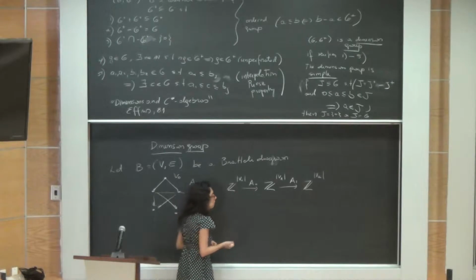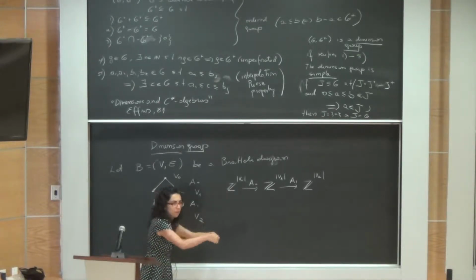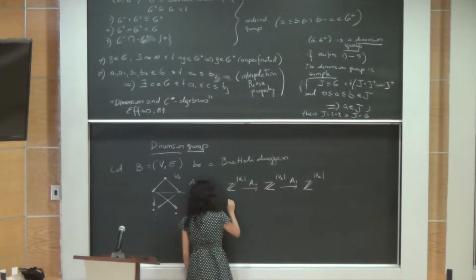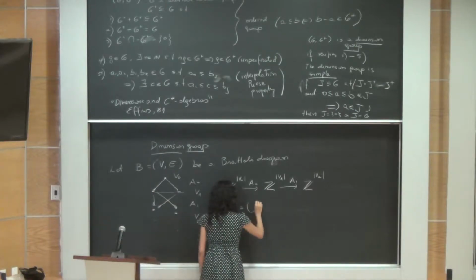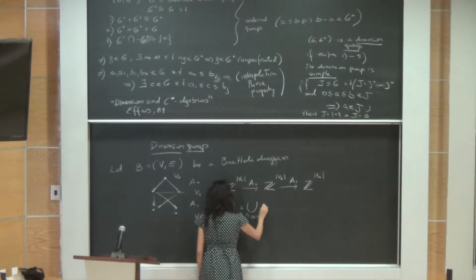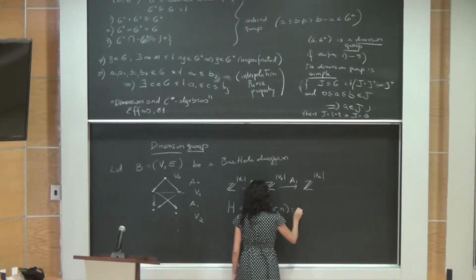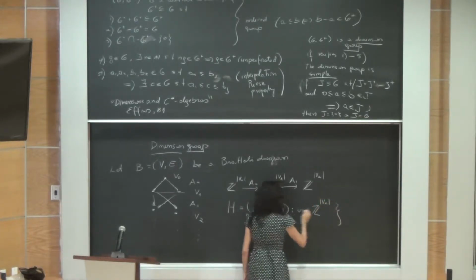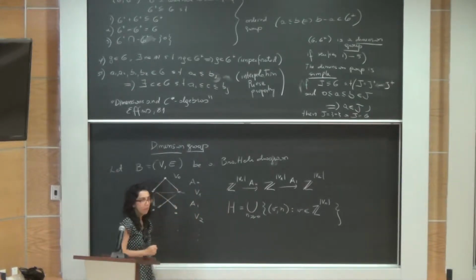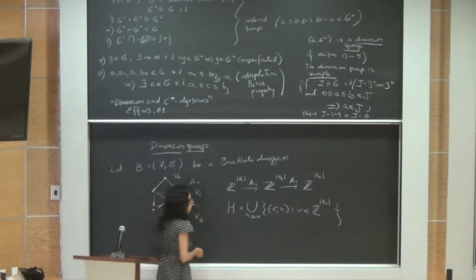So to define the direct limit, we are going to identify points which arrive to the same place. First I'm going to define the set of all the pairs (v, n), where v is in Z^{Vn}. This is just a set. And then I'm going to define a relation here.